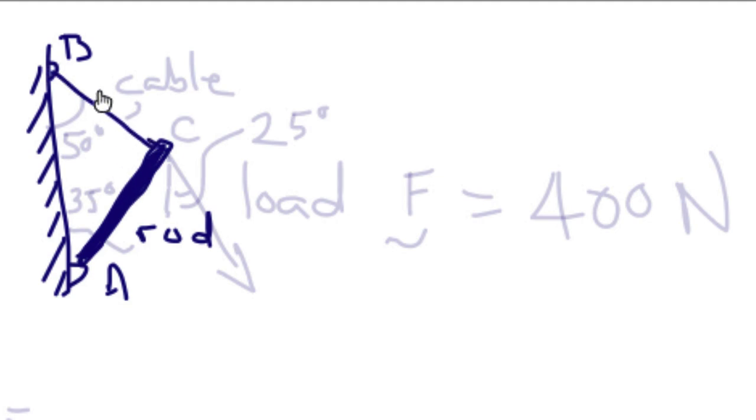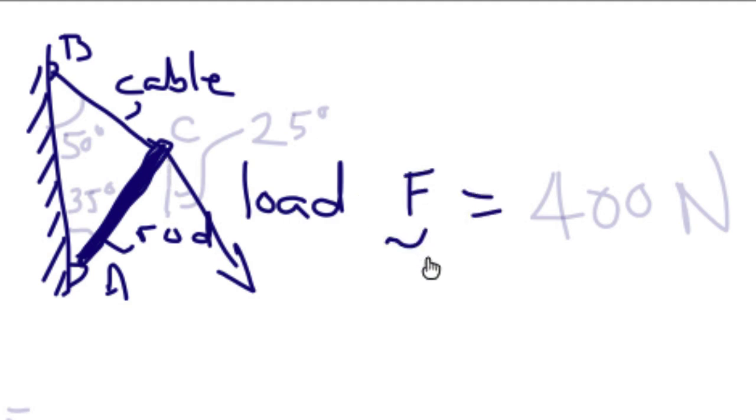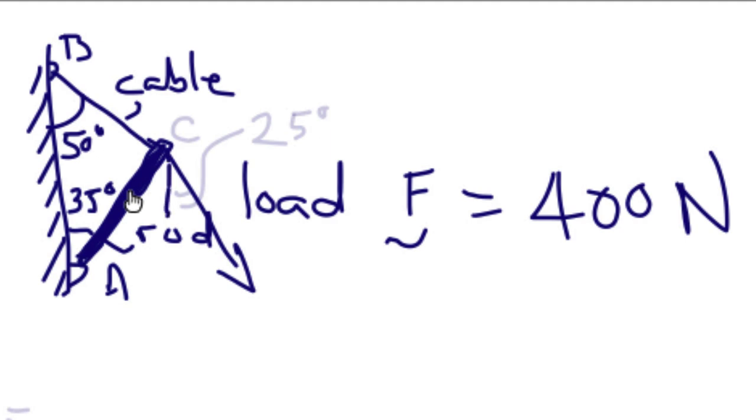And then we have a cable connecting B to C. Then an external force is applied at C with a load of 400 newtons. Now the orientation of the structures are given, so the angle between the cable and the wall is 50 degrees, the angle between the rod and the wall is 35 degrees, and the angle between the load and the vertical is 25 degrees.